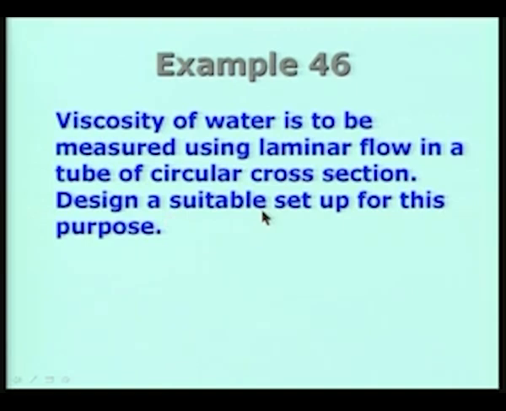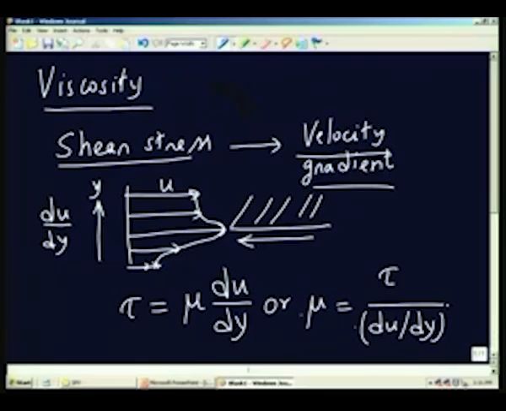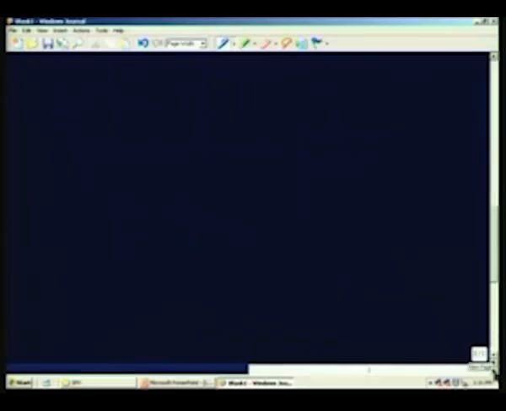We want to design a suitable setup for this purpose. This will give us some idea about how to go about doing the measurement also. So let us look at the typical arrangement. This is example 46.